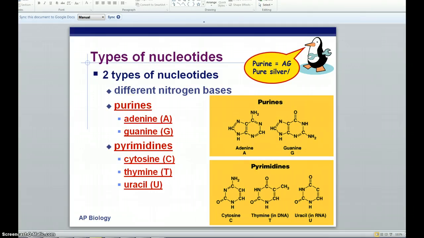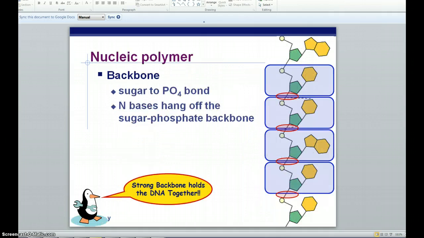These nucleotides pair with each other and complement each other across the aisle in the DNA. Notice that the pyrimidines consist of 1 carbon ring each, and the purines consist of 2 carbon rings that are connected. The nucleic polymer is the backbone of DNA.